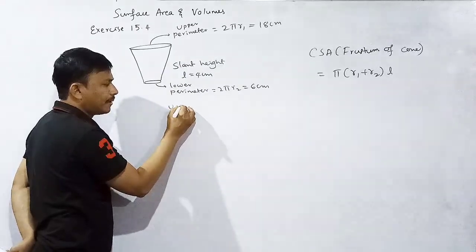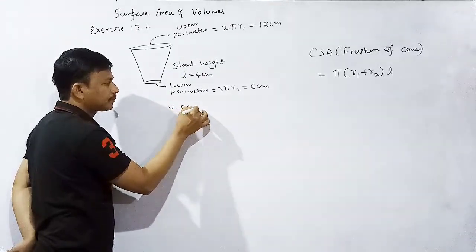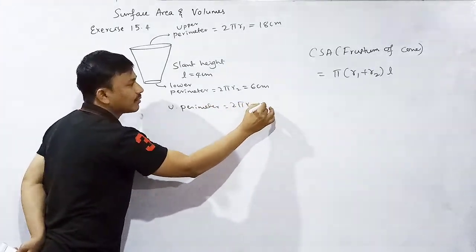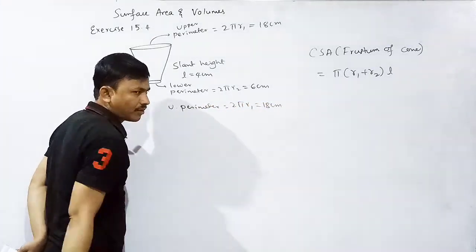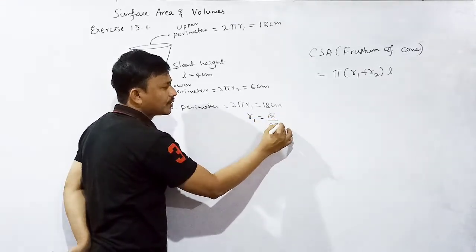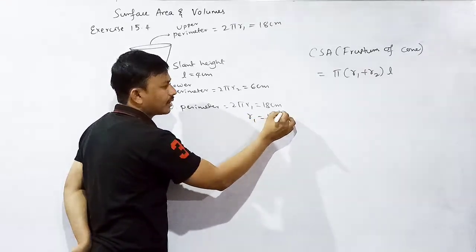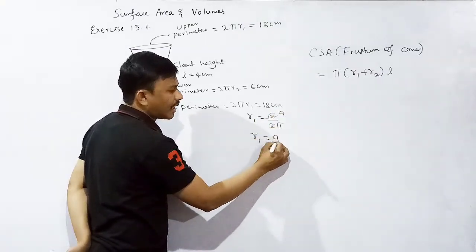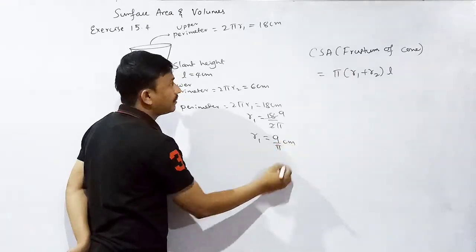Upper perimeter is equal to 2 pi R1 is equal to 18 centimeter. R1 is equal to 18 divided by 2 pi. 2 1s are 2, 9s are. R1 is equal to 9 divided by pi centimeter.